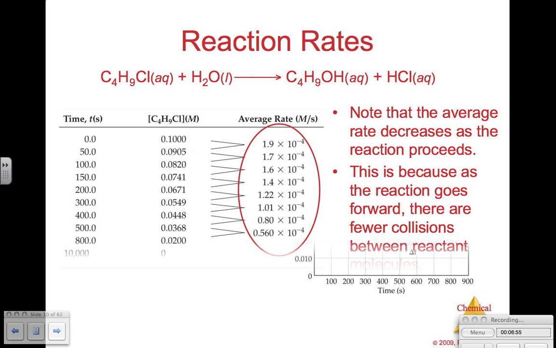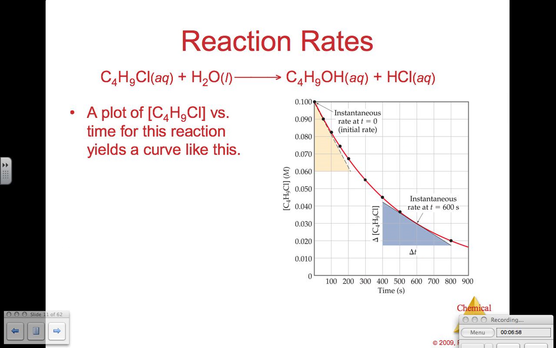And so as the reaction continues, you get fewer of the proper collisions, and so the rate is going to slow down over time.